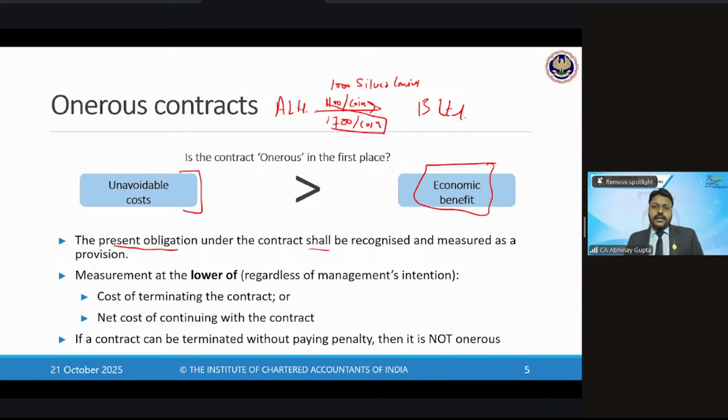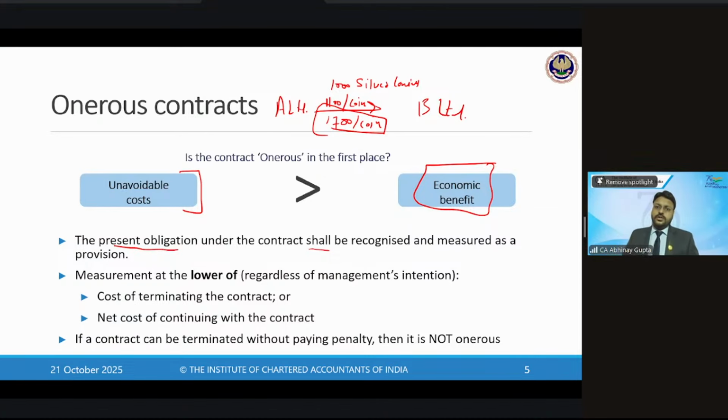Now, in the market, if A Limited is going to fetch the raw silver to make the coins, they will be getting the raw silver at a higher cost as compared to the price at which they have agreed to sell the coins to B Limited, right? So if A Limited fulfills the contract, it will incur certain losses.